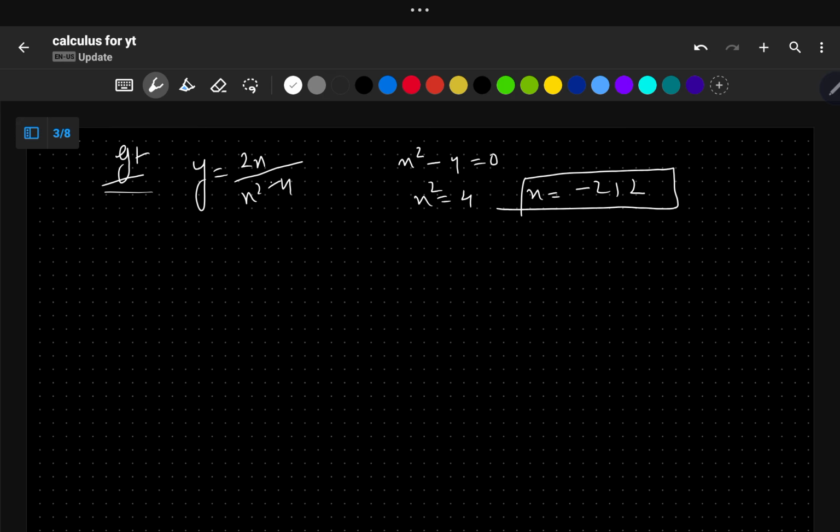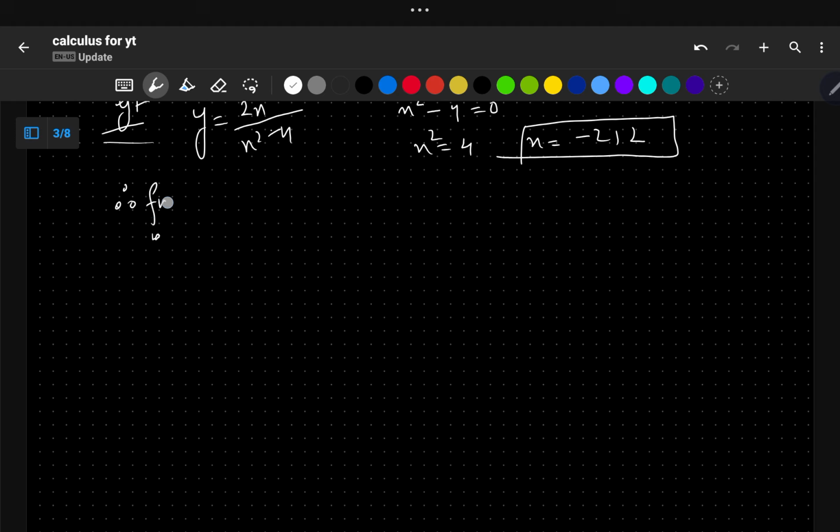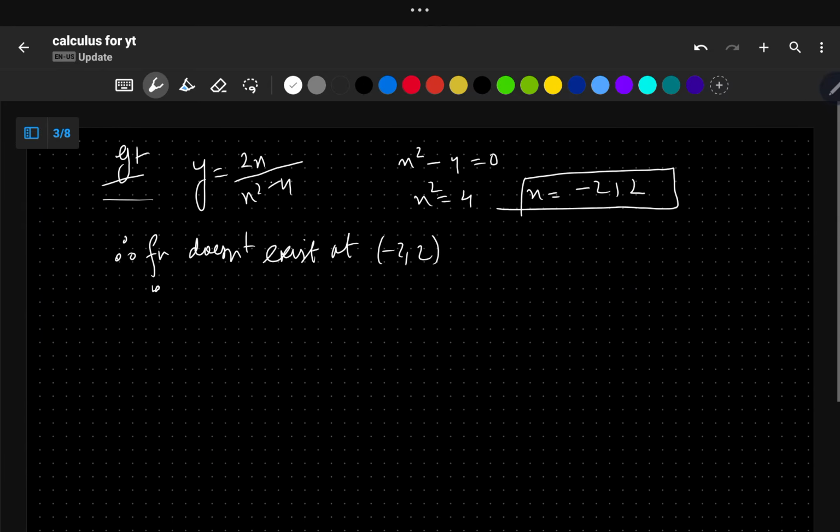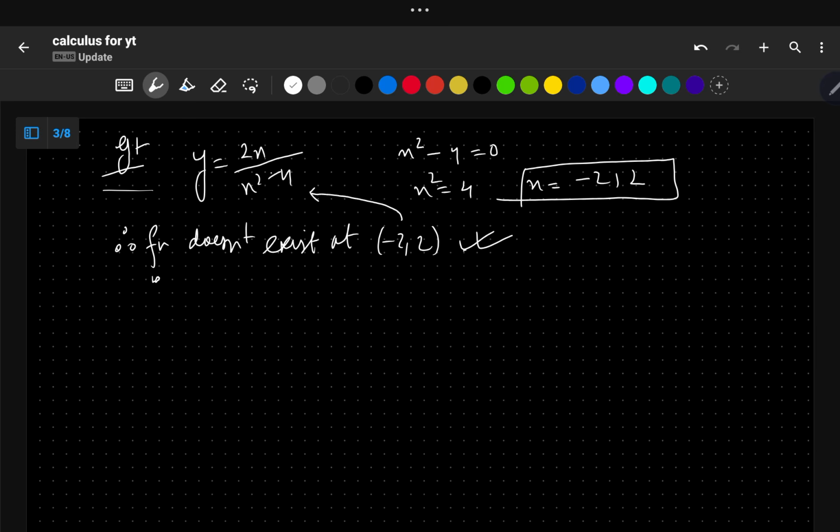So we can write that the function doesn't exist at minus 2 and 2, because if we put these values here, the denominator becomes zero, and this term becomes undefined or infinity, right? So we write that the function doesn't exist at these two possible values of x, right?